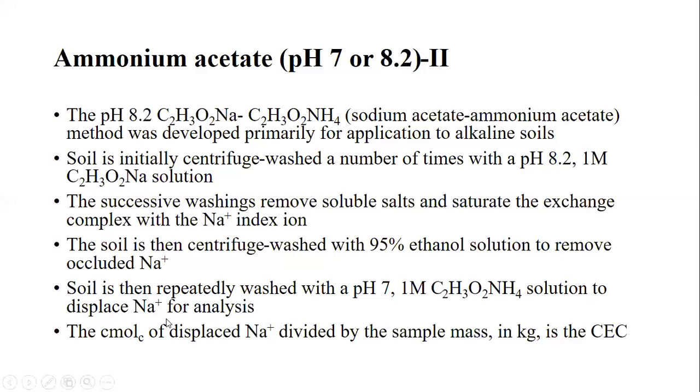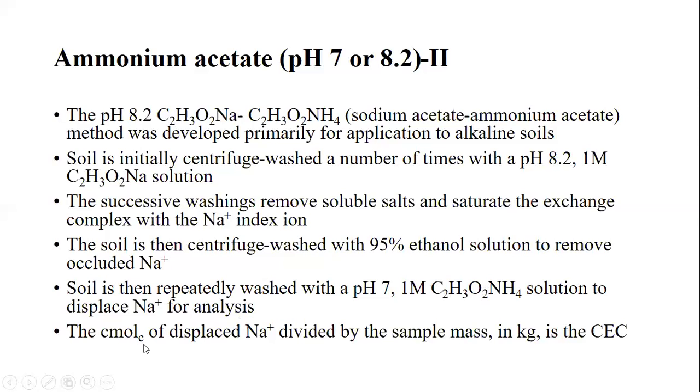Usually you make it to a volume. You collect in a volumetric flask to make sure we can analyze and have a certain known volume. You make it to the mark of the volumetric flask, and it's better to use the same solution you're using. Remember, we talked about the matrix. Your matrix has to continue to be the same, which is the ammonium acetate.